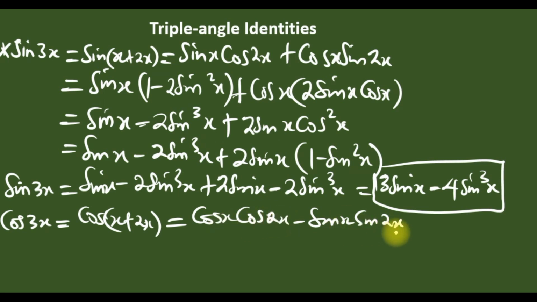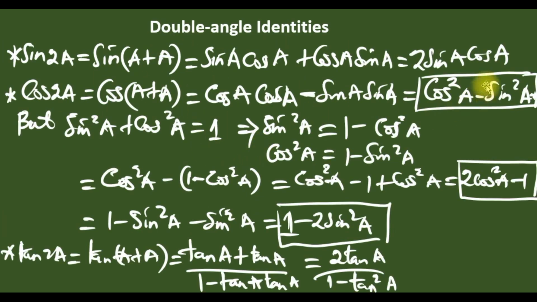So cos cos, sine sine, minus, because we have plus here, which will expand from our double identity. I told you cos 2x has three values. We used the first one for sine because we're on sine.